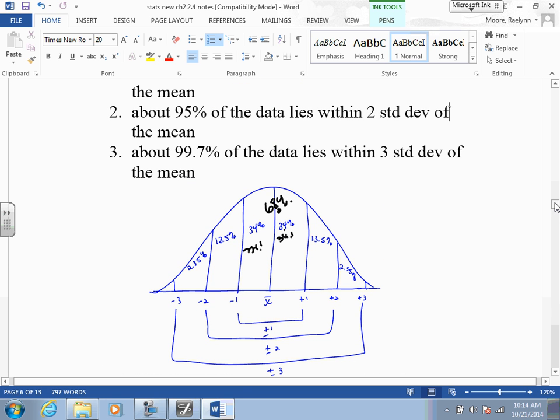Look at the way your curve goes. It's like building a mound of sand. You take all your sand and you build it up in a mound. Where is most of your sand located? In the middle. Good. So this is where most of your data is located. So 68% fall right in here.